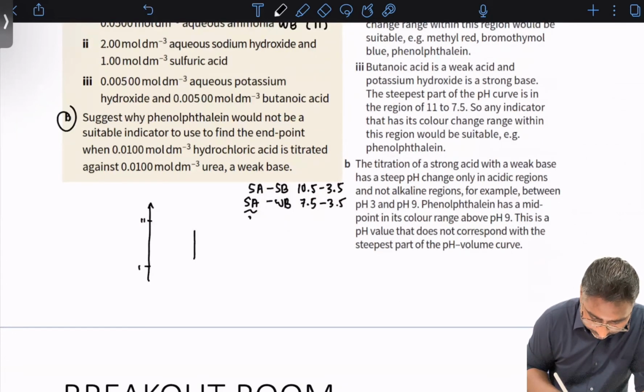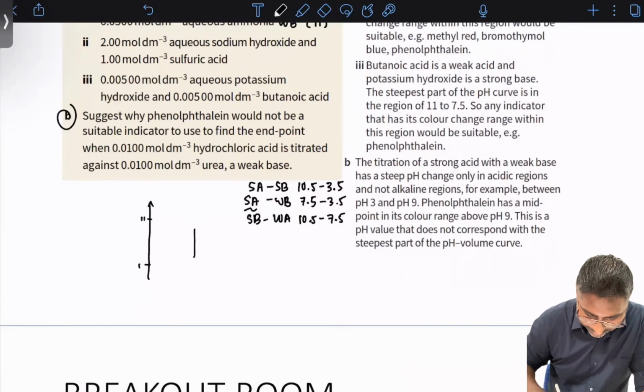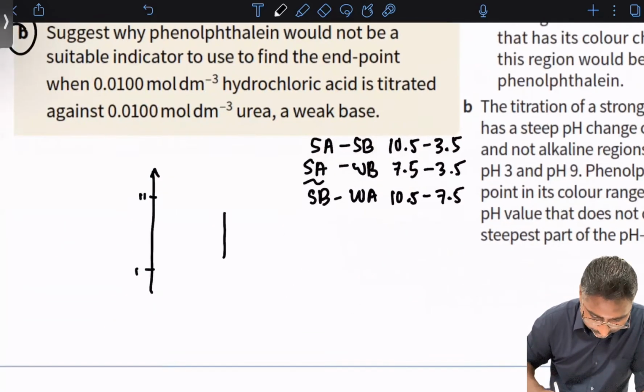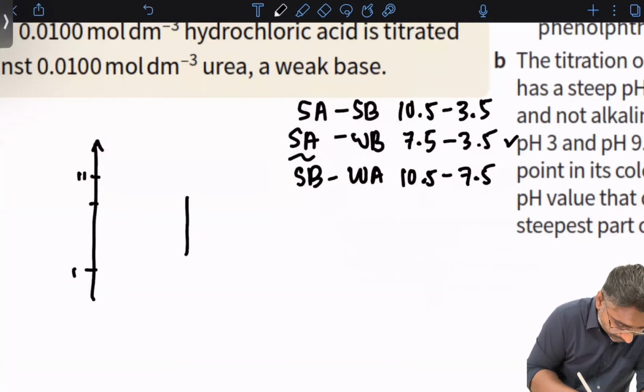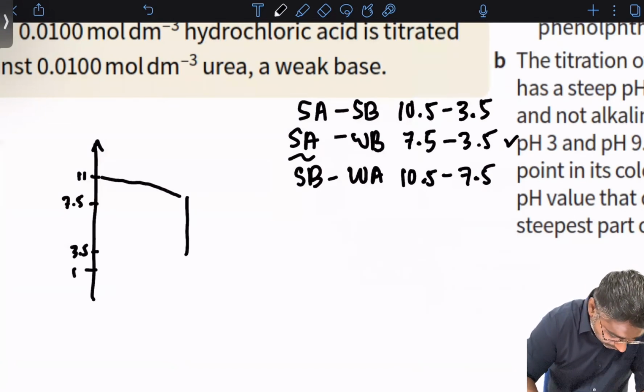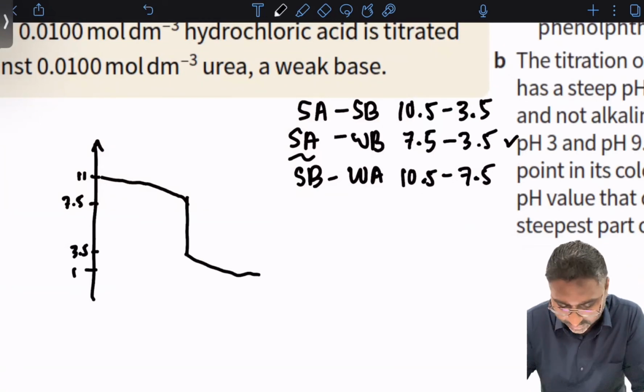If you have strong base, weak acid, then it's going to be 10.5 to 7.5. So in this case, we are dealing with strong acid, weak base, so 7.5 to 3.5. Maybe this one is 7.5, this one 3.5, so I will drop all the way here, then continue like this. So that's my graph roughly.